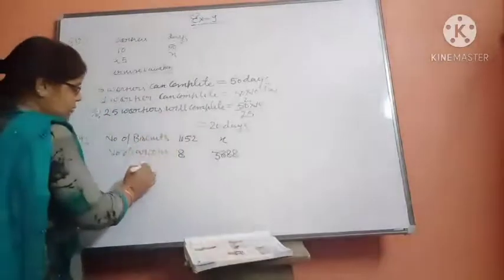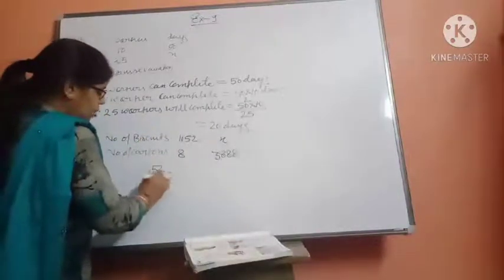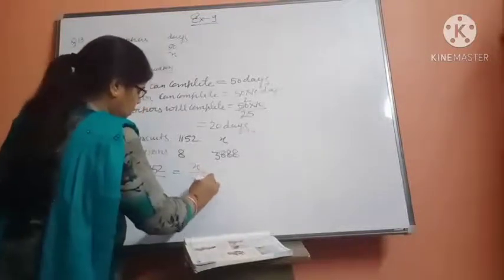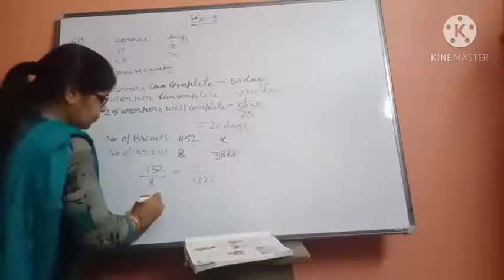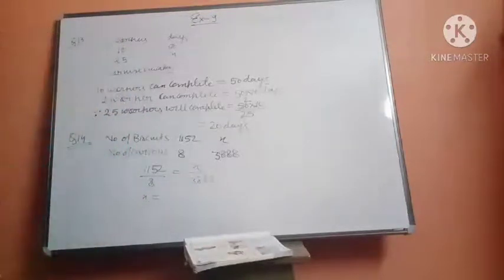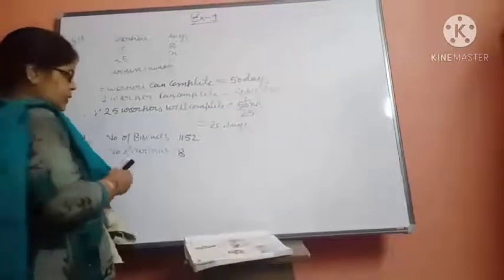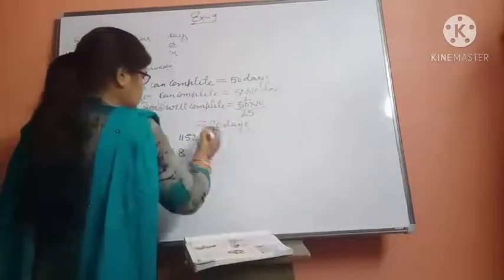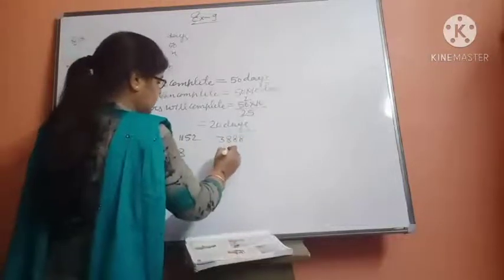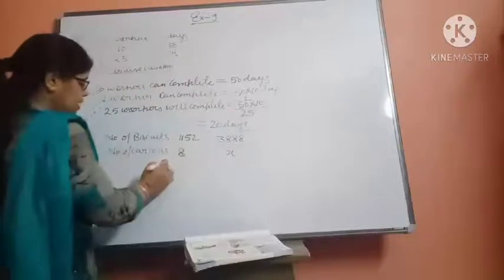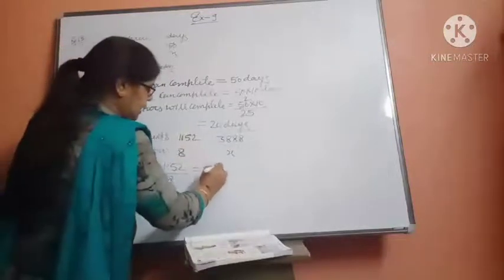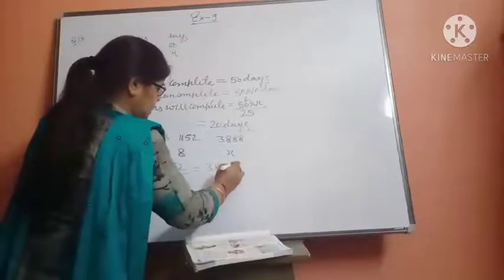Now, 1152 upon 8 is equal to 3888 upon x.